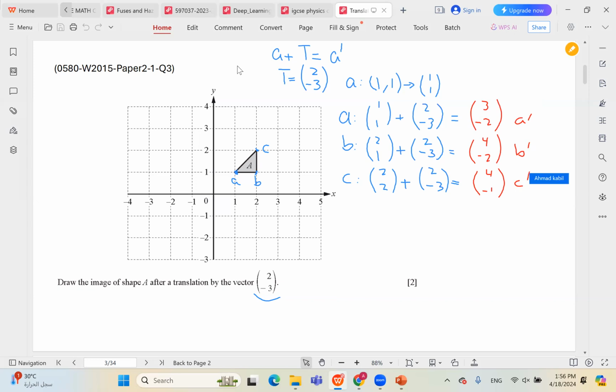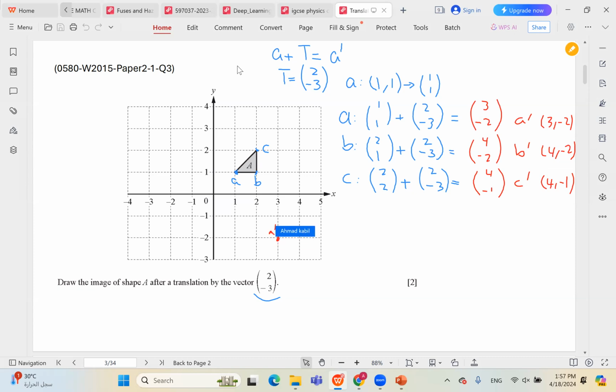Now you can rewrite them as points, or you can just plot them directly, but as points, they would be like this: 3, -2, 4, -2, and 4, -1. And these are the points that we want to plot on the graph. So 3, -2 would be right here. This would be A dash.